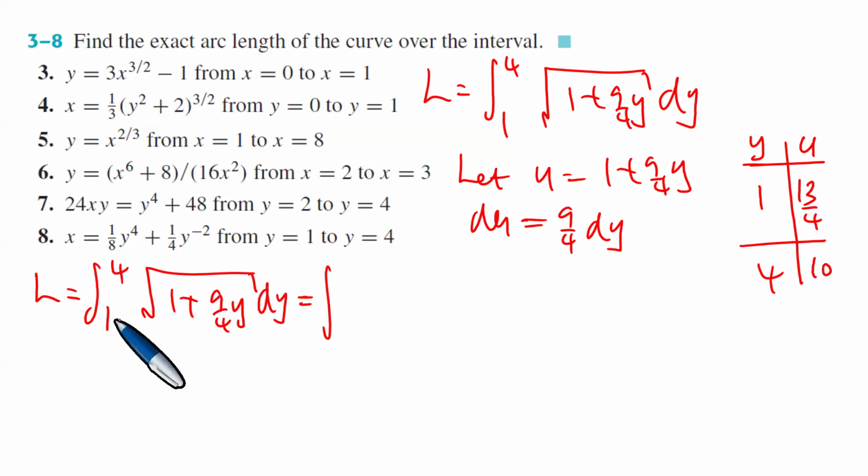This is the same as integrating. If you integrate from 1 to 4, it's the same as integrating from 13 quarters to 10, square root of u dy.